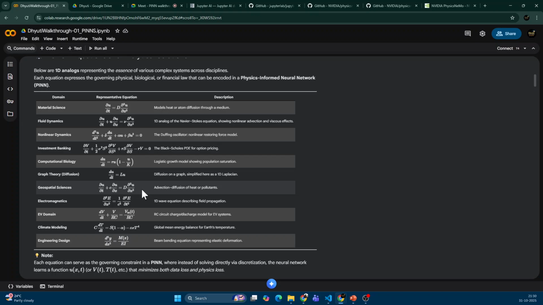Then you have the EV domain, where a simple analog is your RC circuit, a charge discharge model for EV systems, for your battery packs, let's say. Then in climate modeling, you look at the global mean energy balance for Earth's temperature. Then for engineering systems, you have the elastic deformation of a beam, the beam bending equation, and so on.